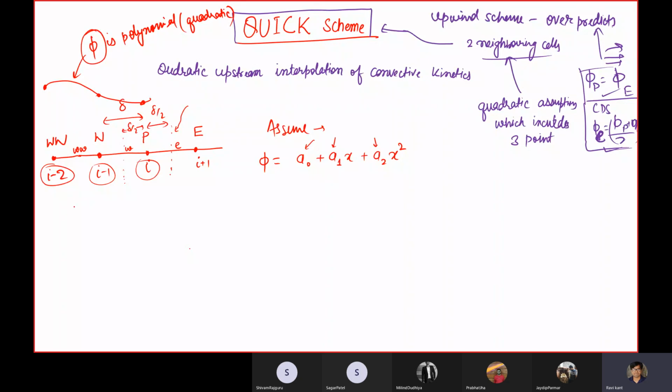So what are the boundary conditions? For the time being, we take this as x is equal to 0, this as x is equal to delta, and this as x is equal to minus delta.